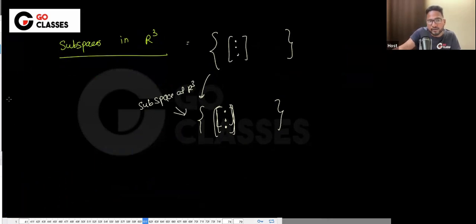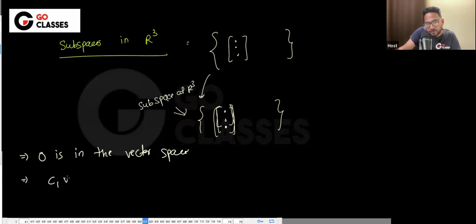For a quick check, we can just check two things: zero is in the vector space, and any linear combination is in the vector space. Actually, there is just one condition you want to check: c1u plus c2v is also in the vector space.